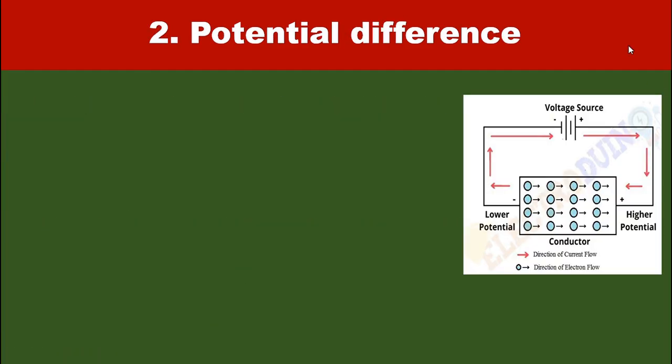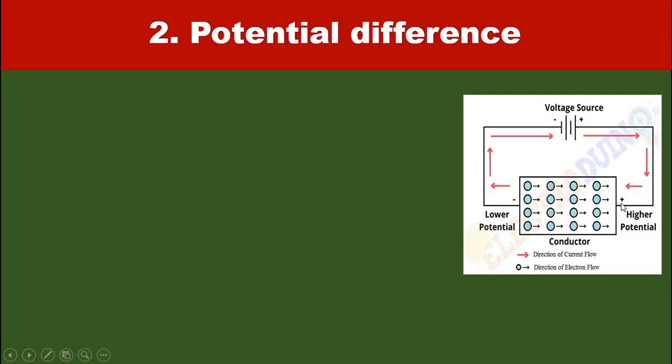Now, let us discuss the potential difference. You see a picture here. This is a battery or voltage source. In this battery, the positive terminal is connected to a device at one end, where plus is there, and the other end is connected to the negative terminal of the battery, where the end is minus.